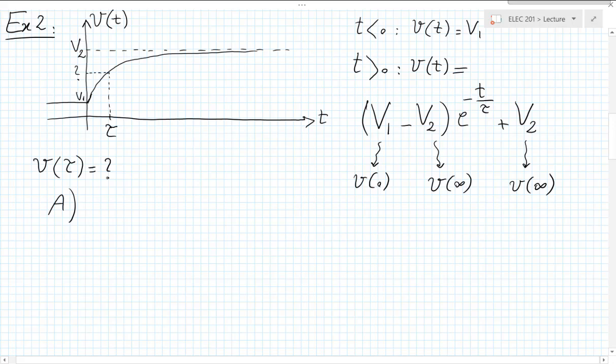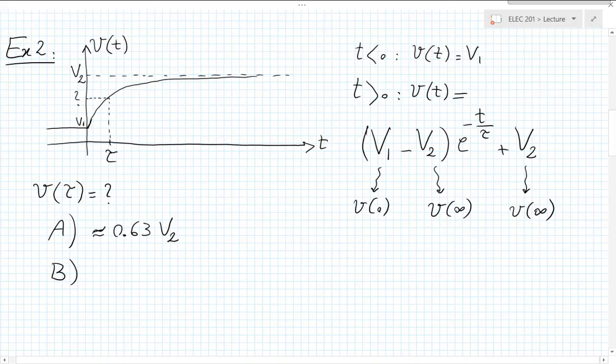So one possibility, you said approximately 0.67 V2. So that's one candidate. Sorry, 0.63. That's what you meant, right? 0.63. Yeah. Thank you. How about another candidate?